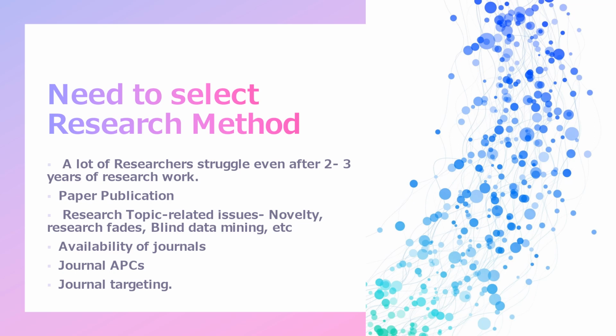Right now, coming to this video's topic: first of all, to submit your thesis or your work, you need paper publications. You need your research papers to be published or accepted in the journals.